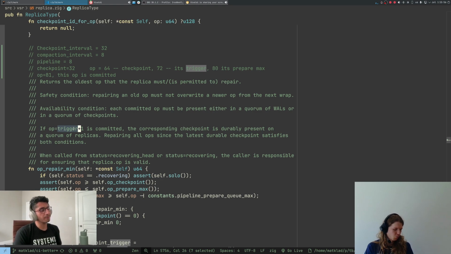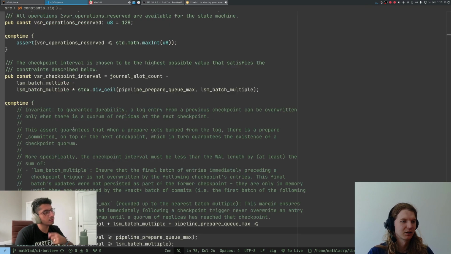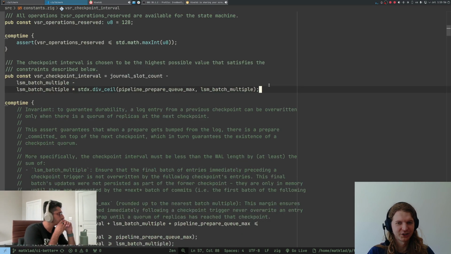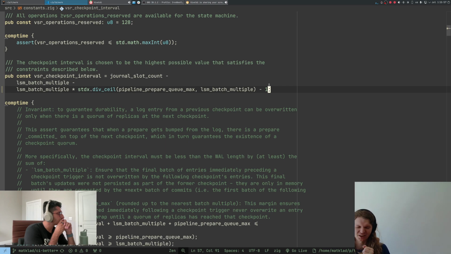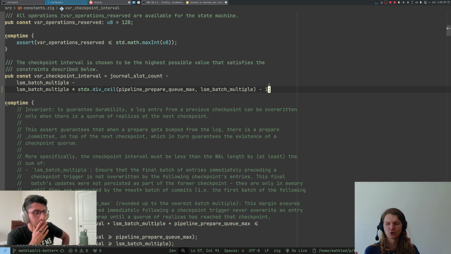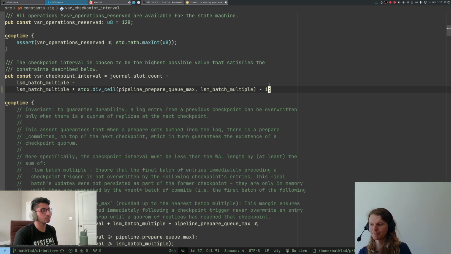So that's going to be a deadlock. I think one solution here is to add a minus 1 here, which presumably would make it work. But I also think that's going to unnecessarily serialize the execution, because that critical prepare is basically a prepare which everyone waits to be committed so that they can physically proceed to the next checkpoint.